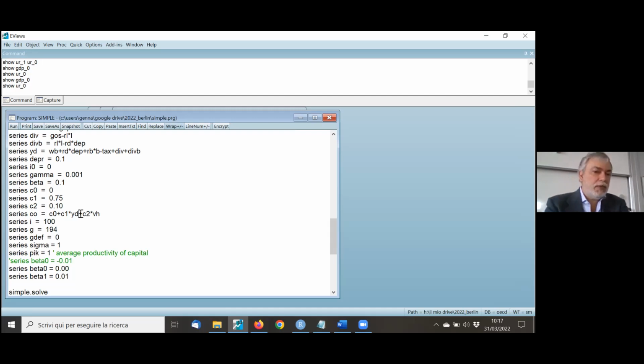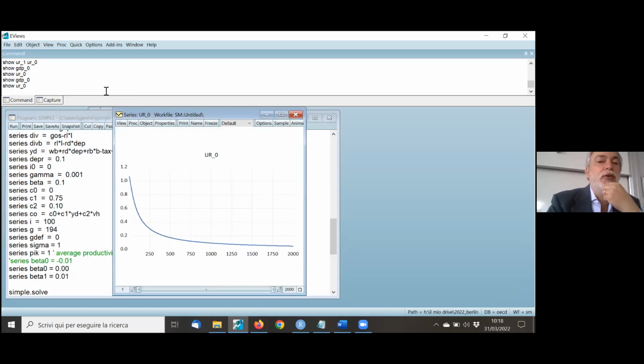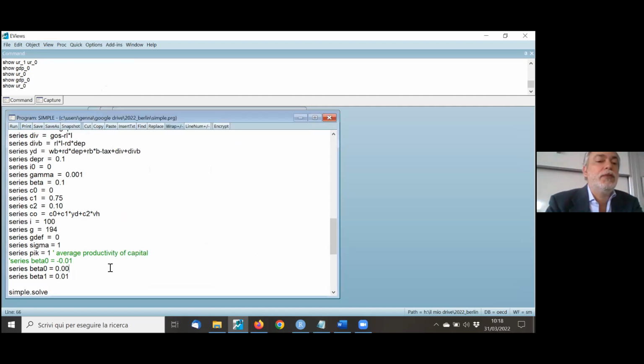So, yeah, this is okay, but it's generating too low a value for the utilization rate. So this is getting too low. So I think what we had was good.